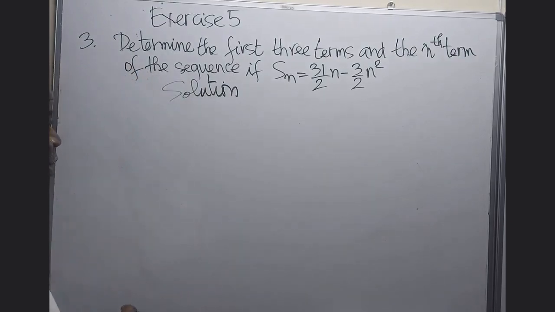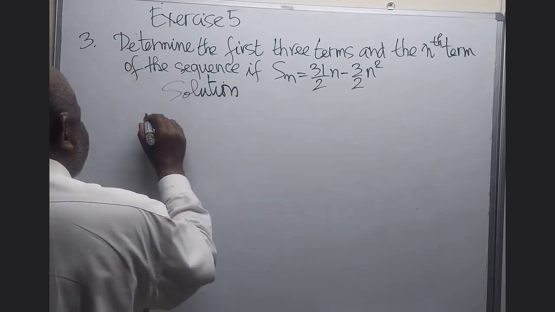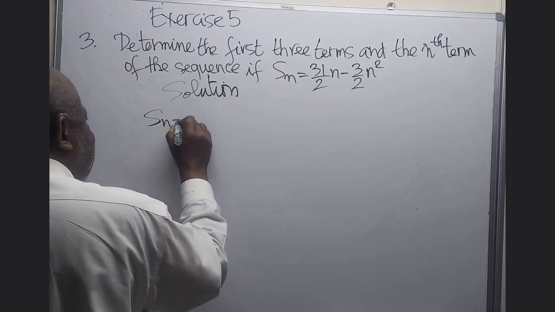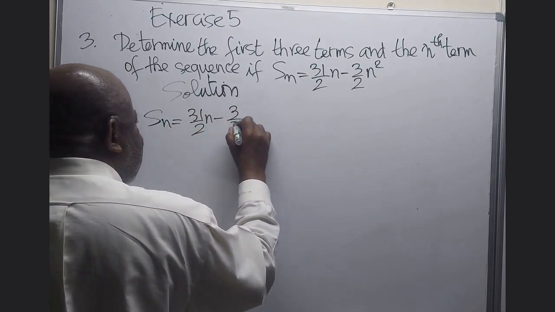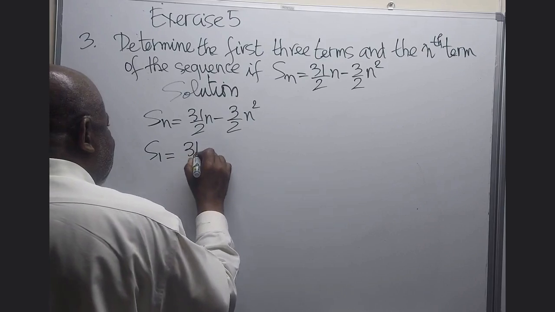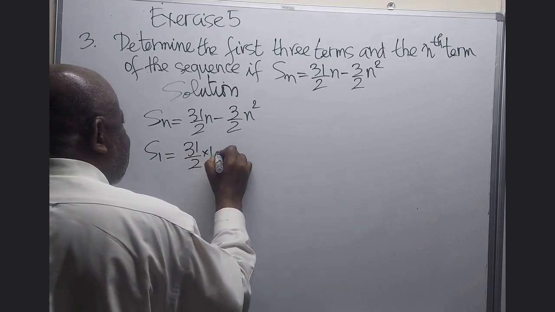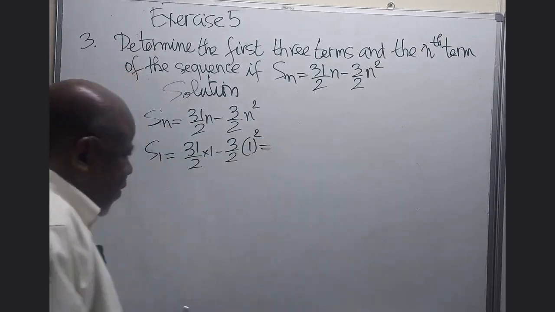To get the first 3 terms and after the nth term, we're going to consider our sum. Sn is equal to 31 over 2n minus 3 over 2n squared. S1 will be equal to 31 over 2 times 1 minus 3 over 2, 1 squared.